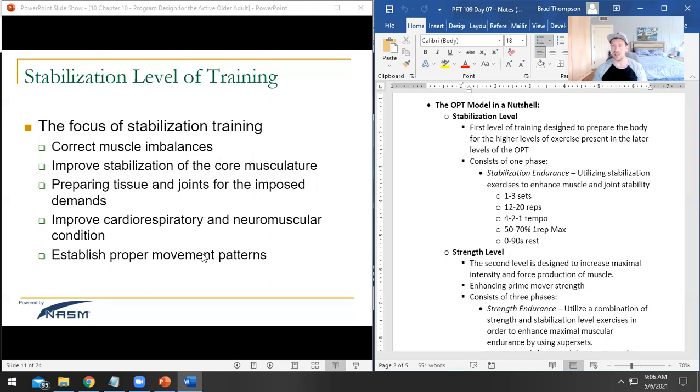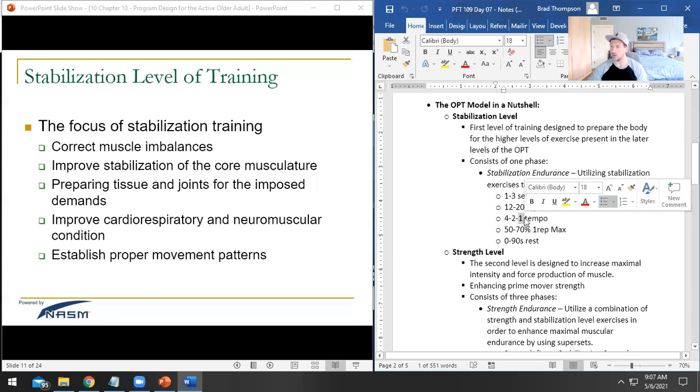But the other nice thing is in stabilization, one of the things that we're going to see when we get to the exercise selection side, or when we get to the acute variable side of things, we're going to lift at this 4-2-1 tempo, which means that the portion of the lift that's concentric is only going to be 1 second long. That's pretty standard, that's pretty similar to our other ones. But then we're going to have a 2-second pause on every rep.